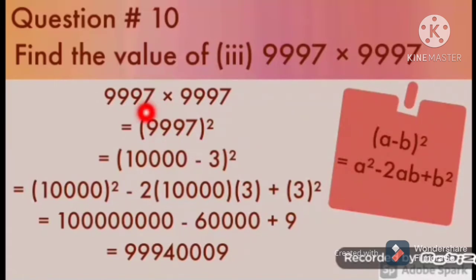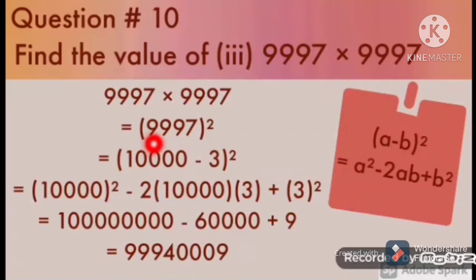First of all, we will write this multiplication as square. 9,997 is being multiplied by itself, so we will write it in the form of square.